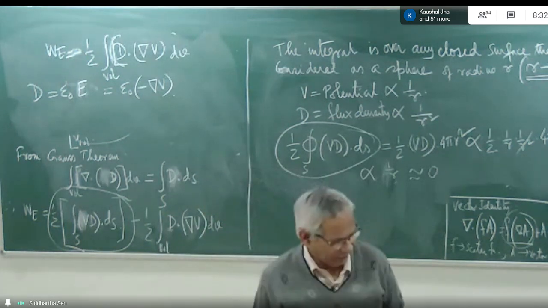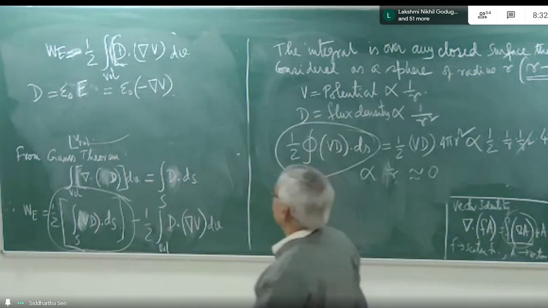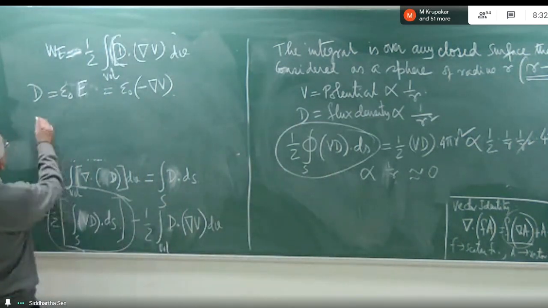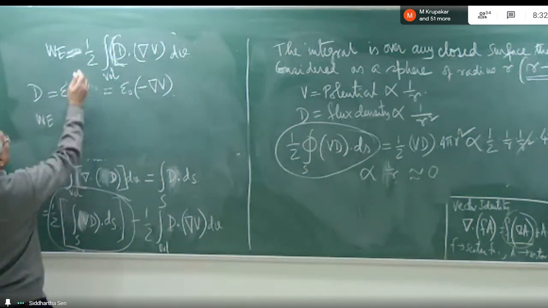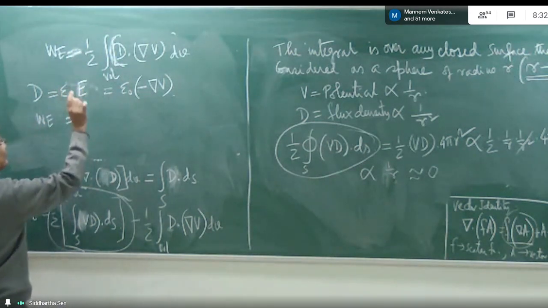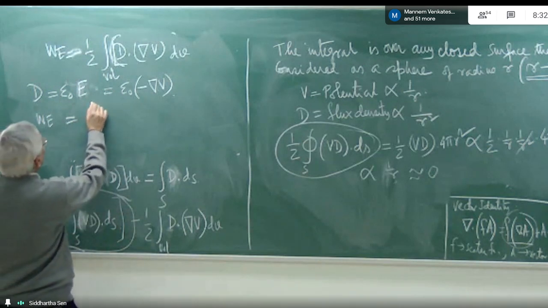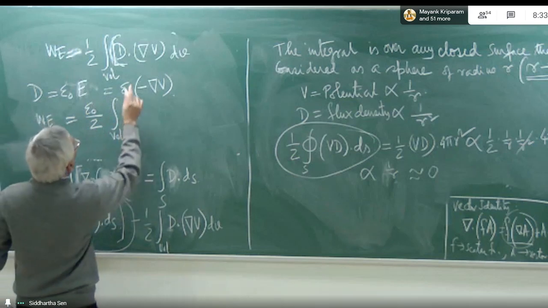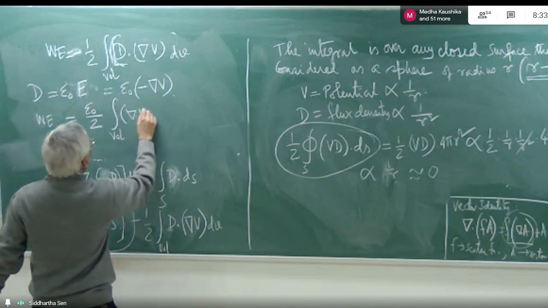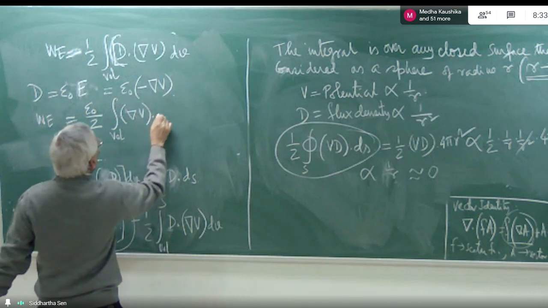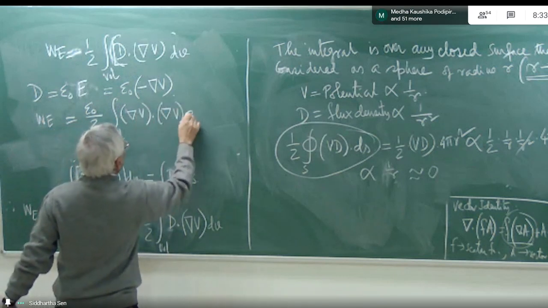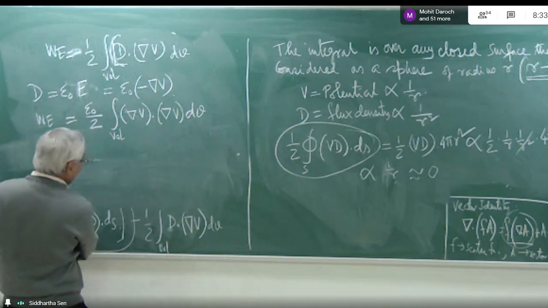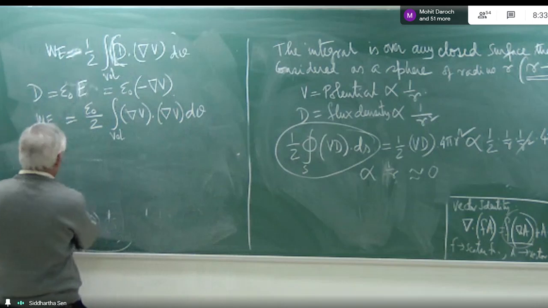So what we can finally come up with is that WE is equal to, fortunately this minus and this minus cancel out, so it is epsilon 0 by 2 volume integral of nabla V dot nabla V into dV, which is the magnitude of its dot product.